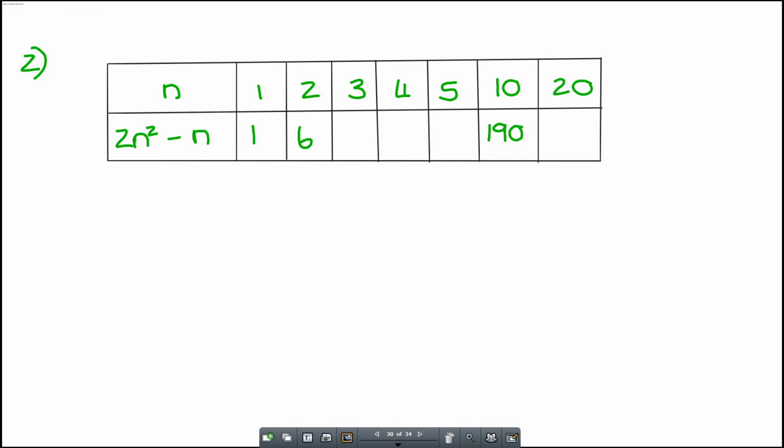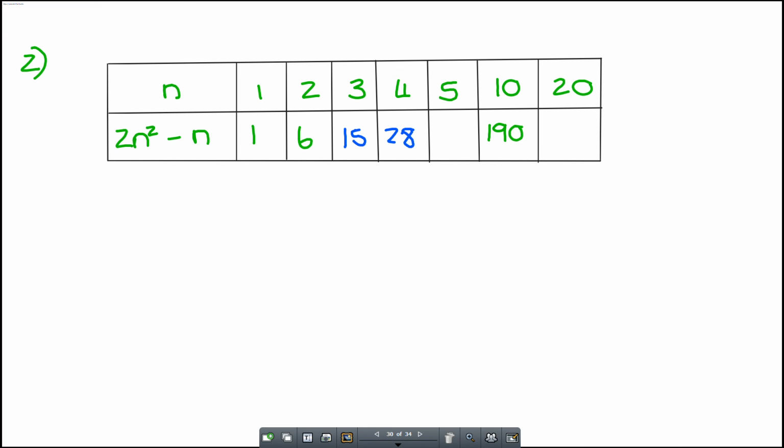At pattern 1, I had 1 dot. At pattern 2, I had 6 dots. At pattern 3, I had 15. And at pattern 4, I had 28.